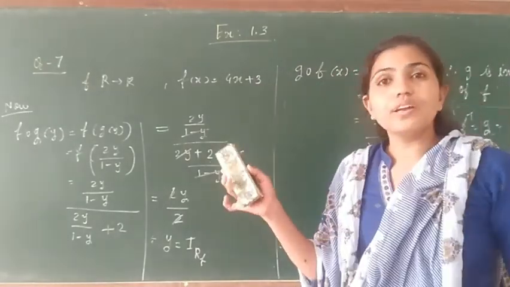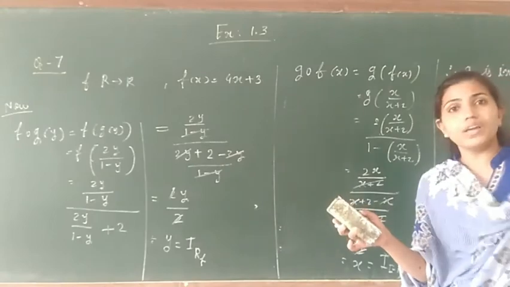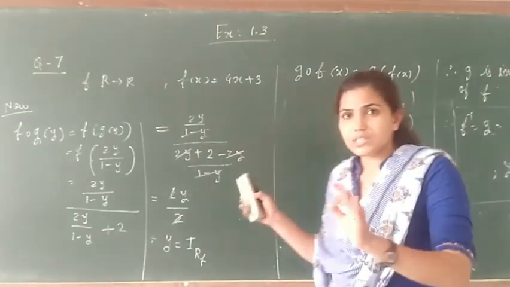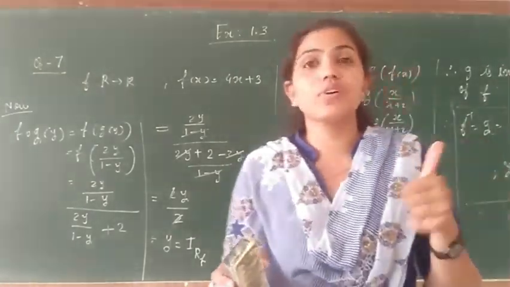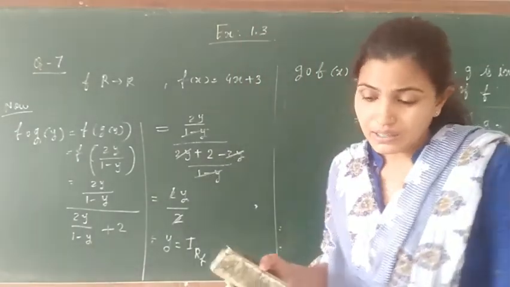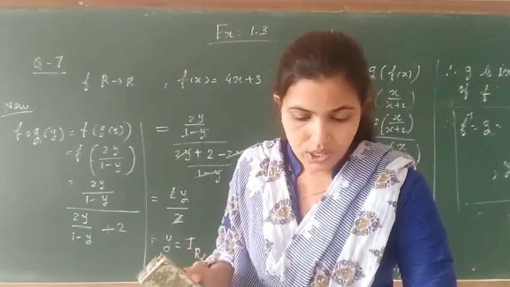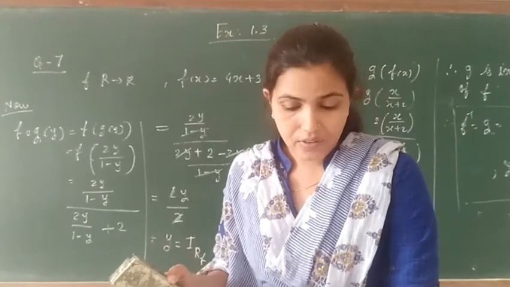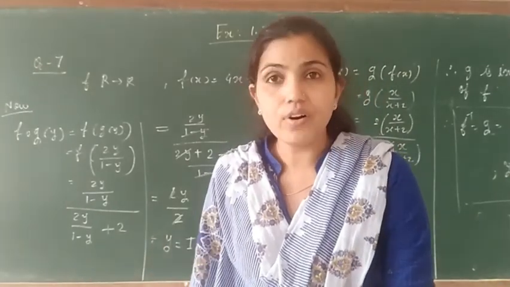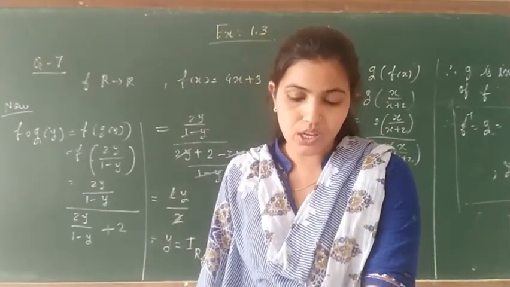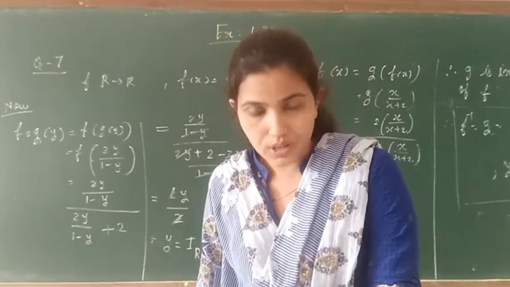We continue with the next question, that is question number 8. In question 7, you have to do the same process. First show that the function is one-one and onto, and directly, yes, the question is: consider f from R to R given by f of x is equal to 4x plus 3. Show that f is invertible.